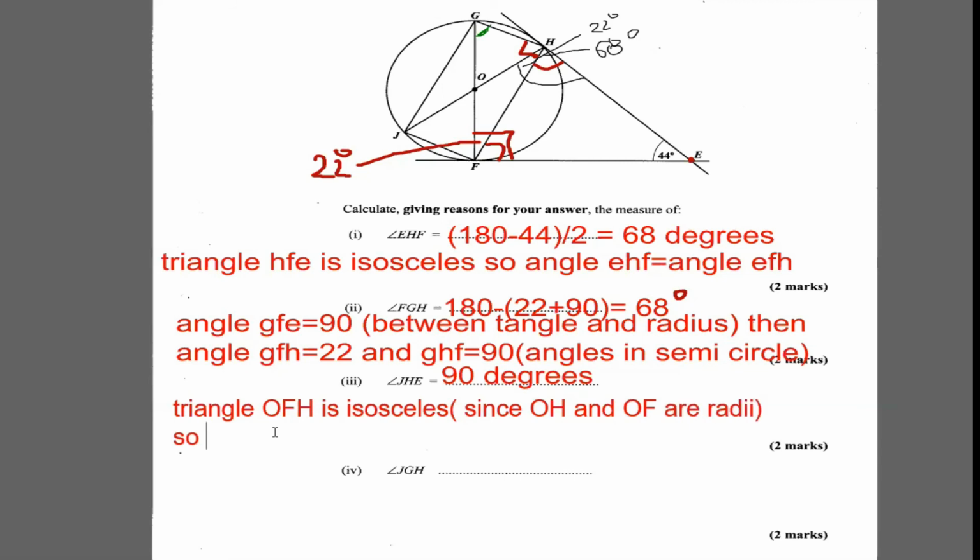And so, since it's isosceles, angle OHF is equal to angle OFH, which is equal to 22 degrees. And so angle JHE, which we know is equal to 68 plus OHF, is equal to 90, because OHF is now 22. That's the reason.